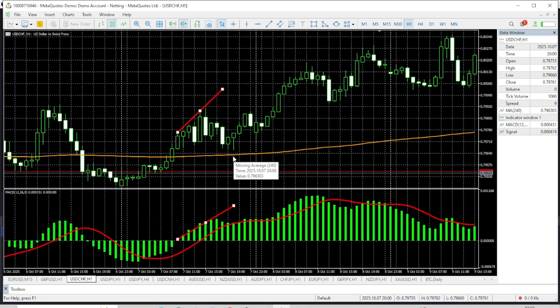And then when you want to talk about profit taking, that is now up to you, but you can go for a minimum risk reward ratio of 1 to 2, or you can take partial profit at a ratio of 1 to 1.